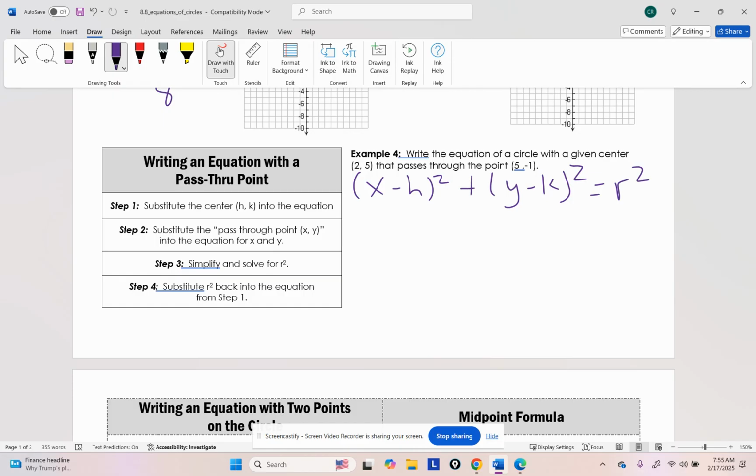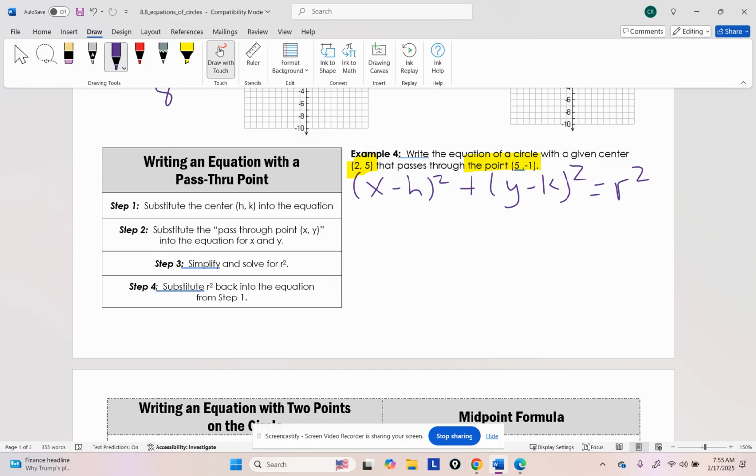Okay, so we're going to plug in the information we have. The information we do have is that the circle's center is 2, 5, and it passes through a point 5, negative 1. So by knowing that piece of information, we can plug those points into our equation.